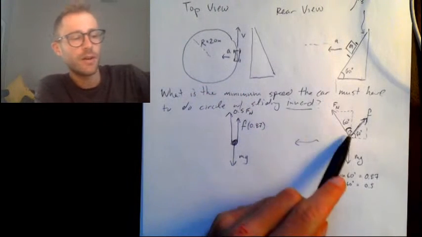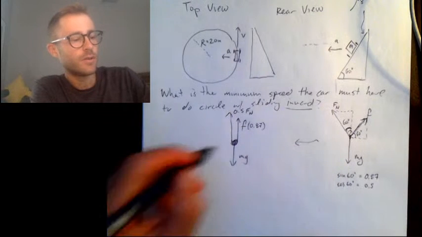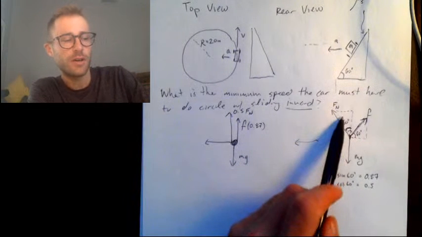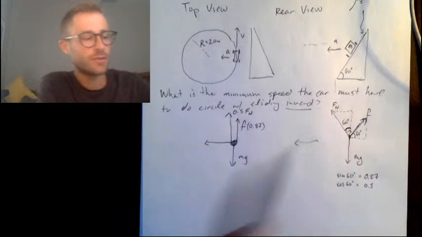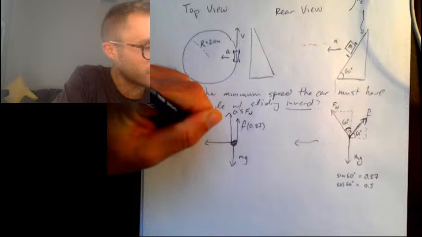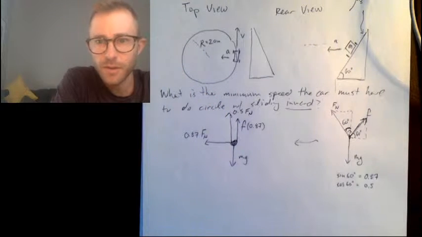I have a leftward normal force, which is F sub n times sine of 60, so 0.87 F sub n is going to the left.